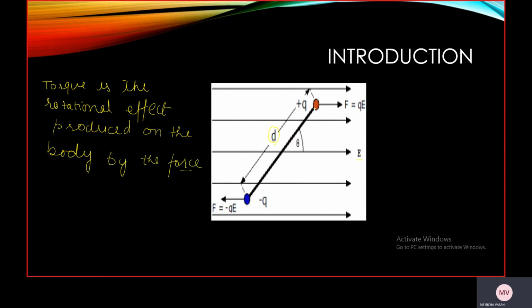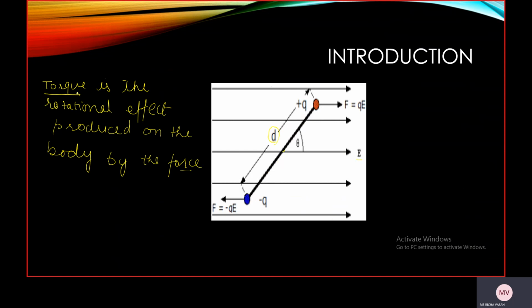So here, when a dipole is placed in this uniform electric field, the two charges experience forces, and these forces produce torque on the dipole, and this torque produces a rotational effect in the dipole along the direction of the uniform electric field.